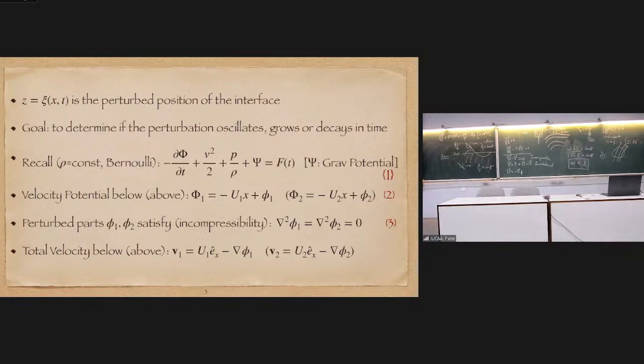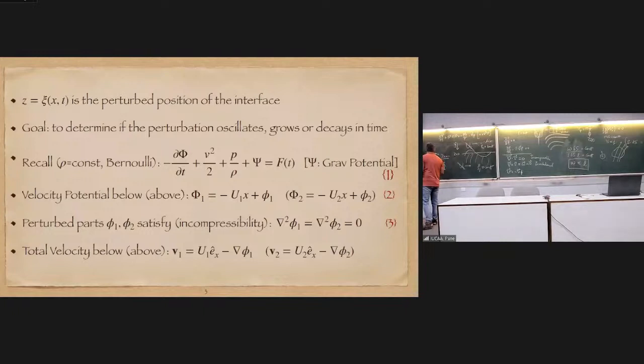Now, in terms of the velocity potential, if I have this as the x direction, my coordinate system is this: this is x, this is z. Z equal to 0 is the interface of an unperturbed surface. Okay. So I'm writing the total velocity as minus gradient of phi.